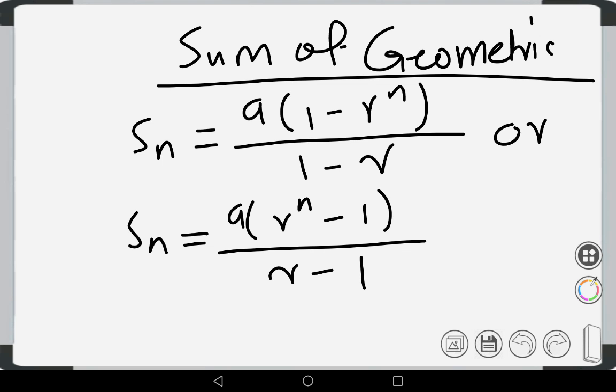These two formulas give you the same answer, which means you are adding the terms. For example, we have the same sequence 2, 4, 8 and 16.